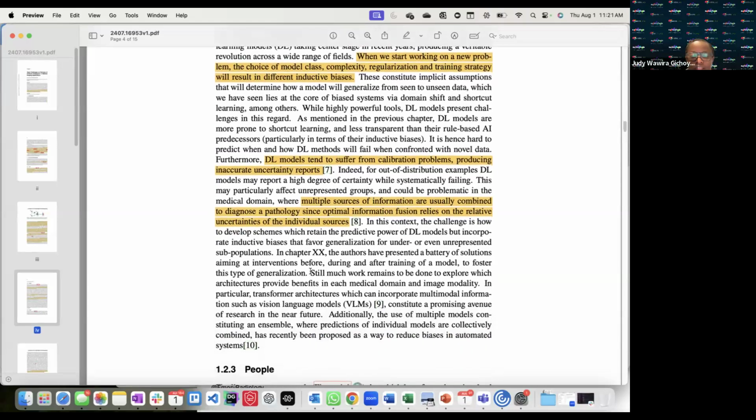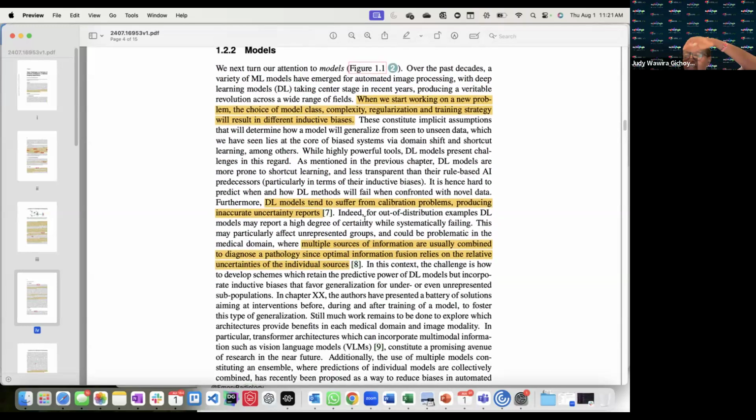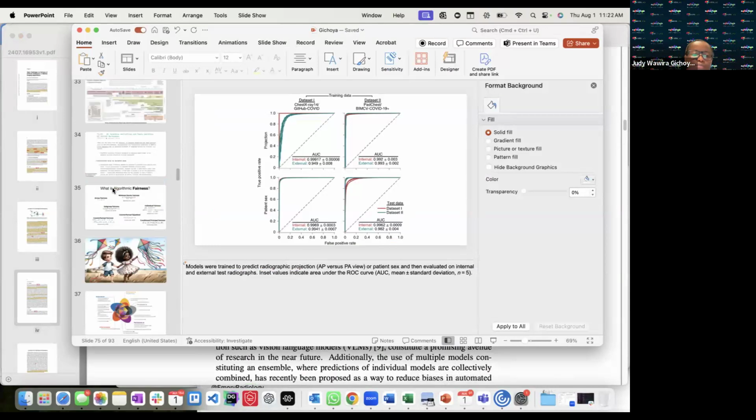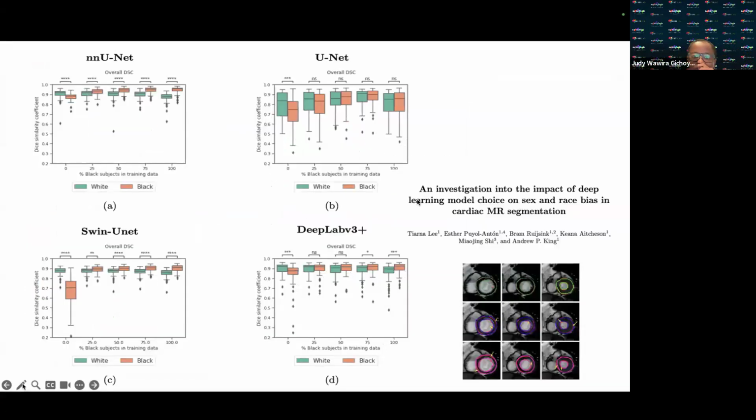But one thing I think is missing, Enzo, and I'm not trying to criticize your work, is the work by Andrew King, which shows that even segmentation models are a good example showing it's not just the dataset; the segmentation models usually have different performance. And this is a very robust task. This is the paper, an investigation into the impact of deep learning model choice on sex and race bias in cardiac MR segmentation.